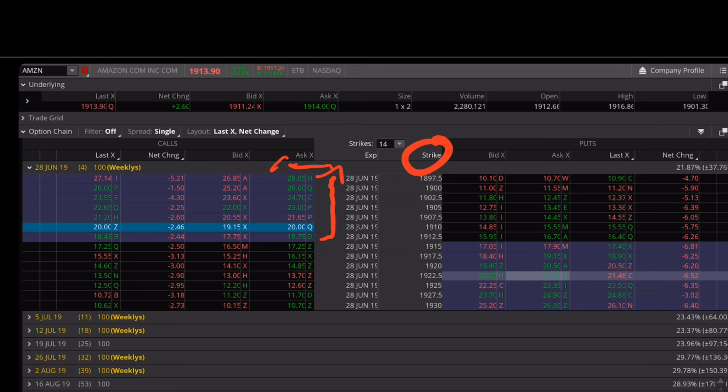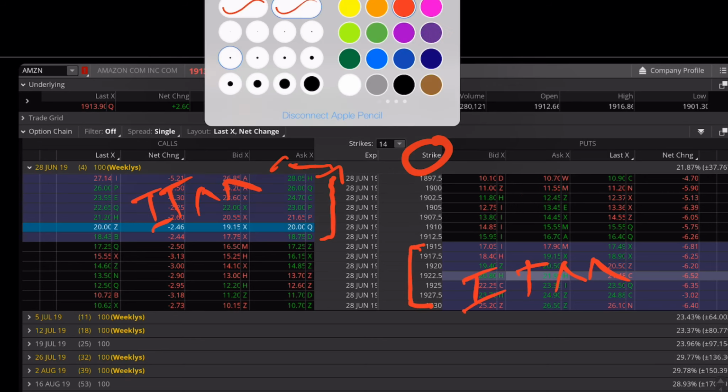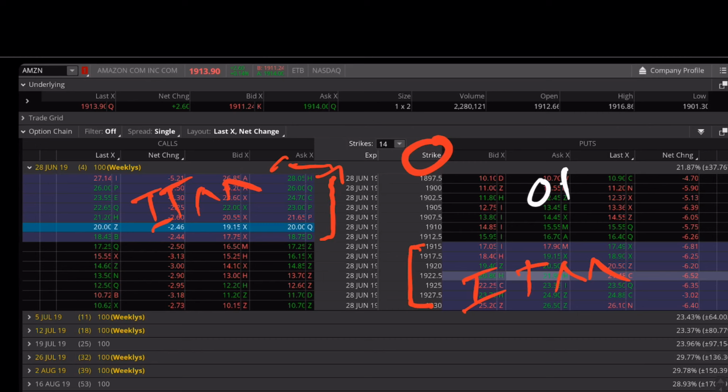And for the put options, same goes for the 1915s and higher. So these are in the money for the puts, and these are in the money for the calls. Then the out of the monies are the ones that are not highlighted. So it's very simple. These are out of the money, and these are out of the money.